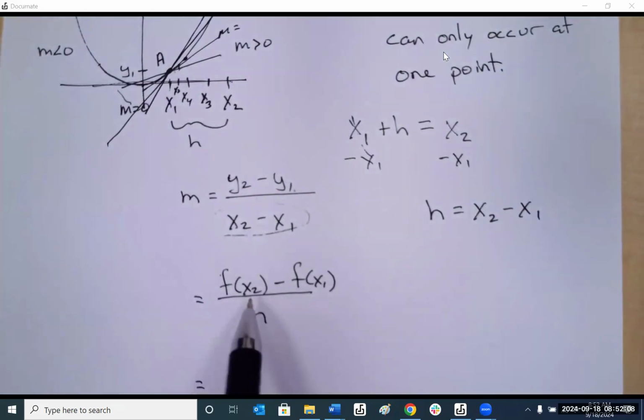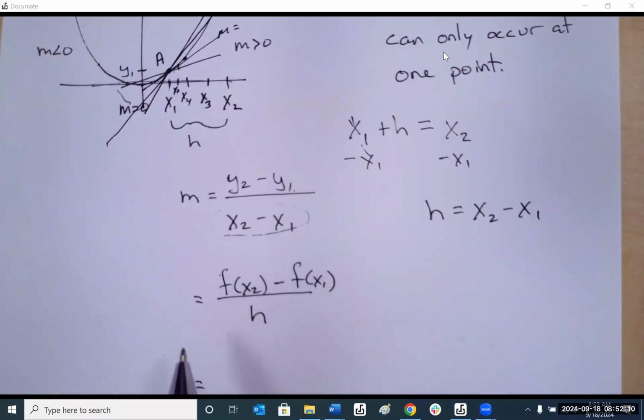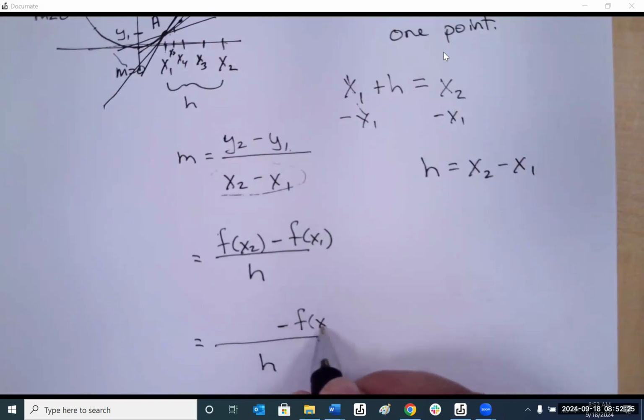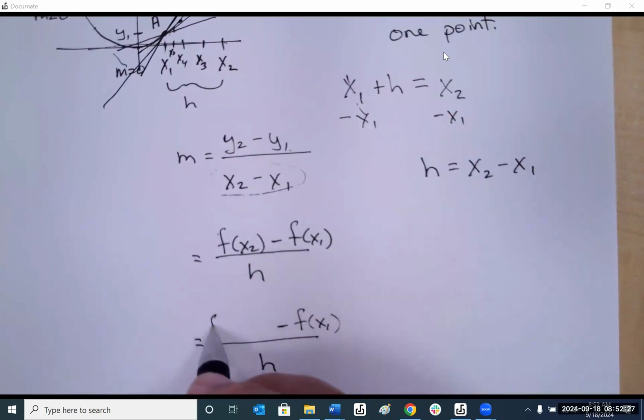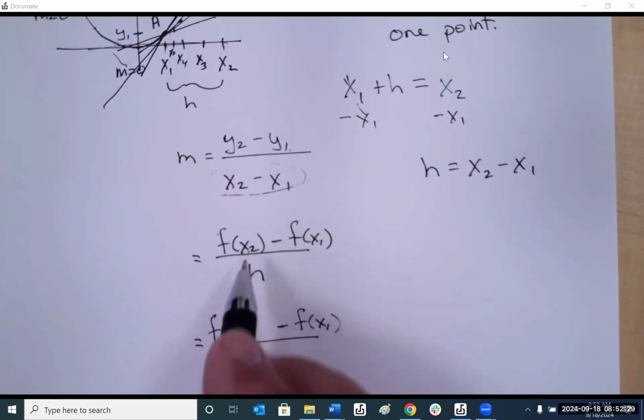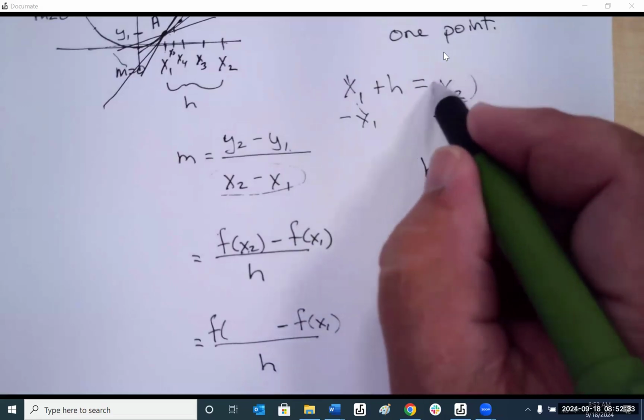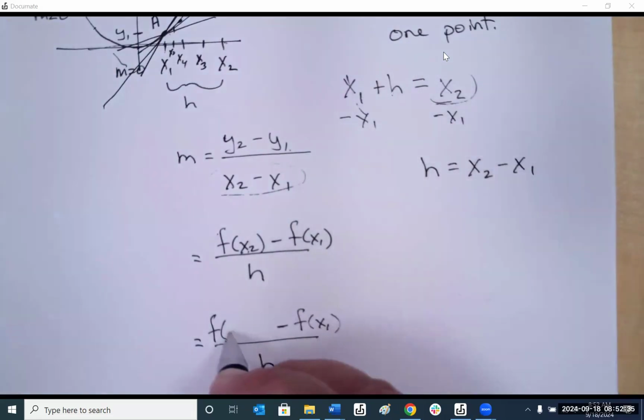So we need to have an equation here that only has x1 as a variable. How can we do that with what we know so far? h is a distance between there. We have f of x1 over here already. So what is f of x2? How can we rewrite x2? x2 is x1 plus h.